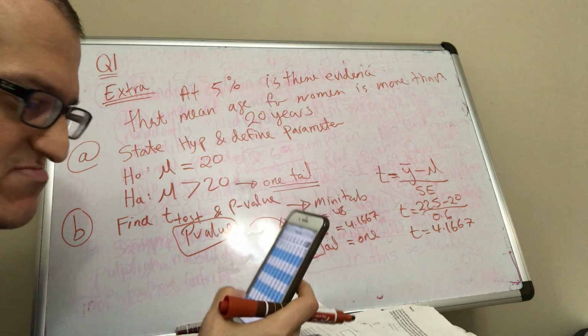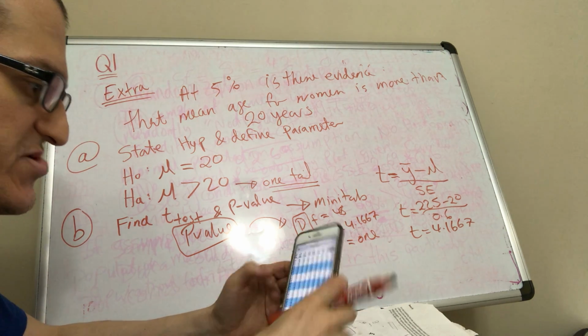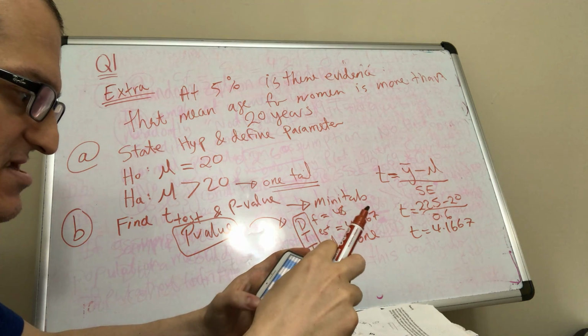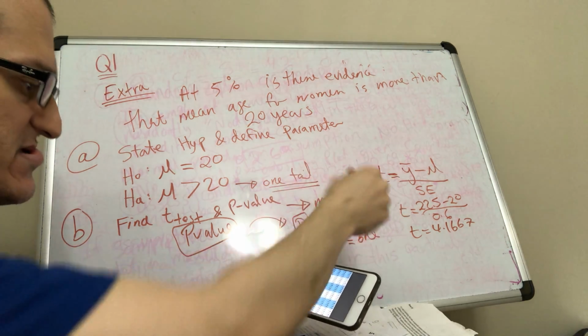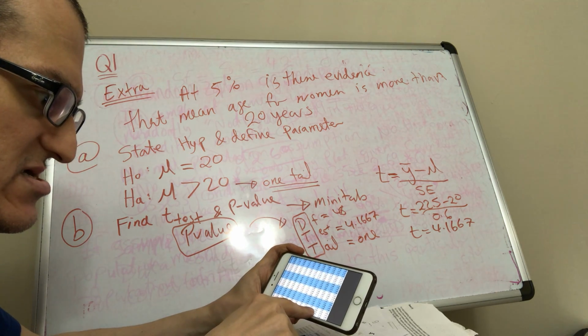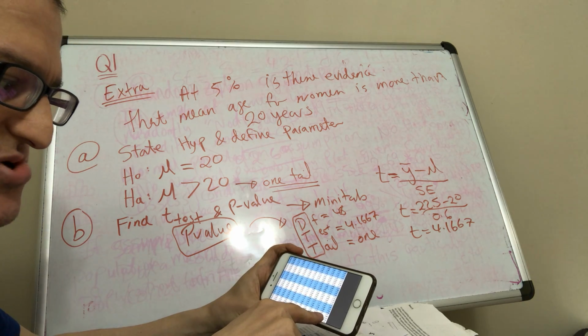So you go to the table, you go to the degrees of freedom 48. I don't have 48, so I'm going to use 50. And in this line 50, I look for this number. I don't see it because it's more than this. The last number is 3.46.